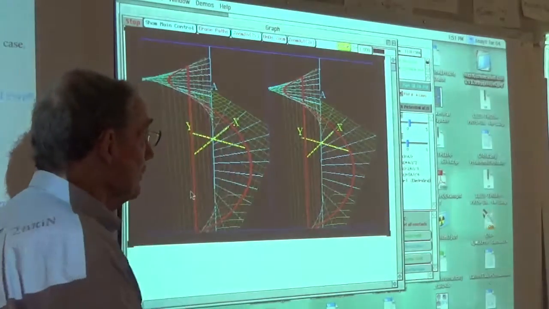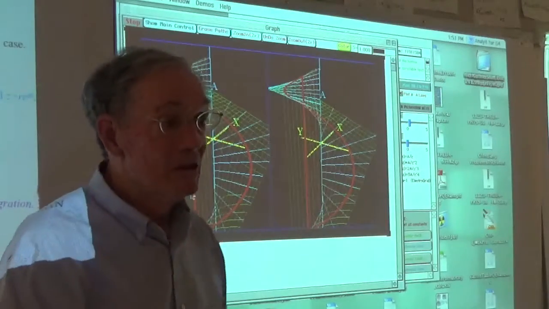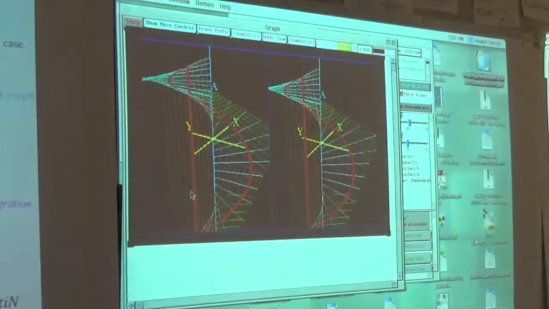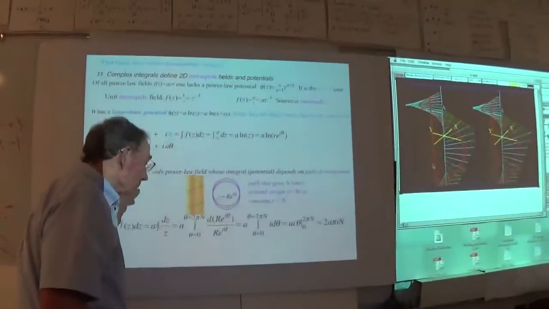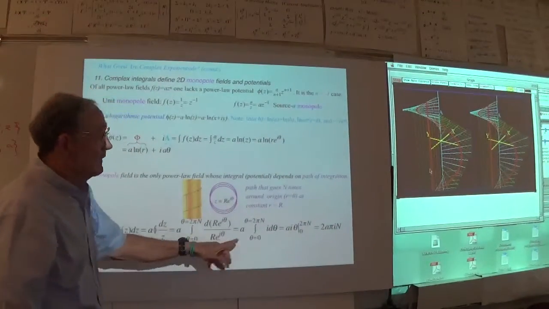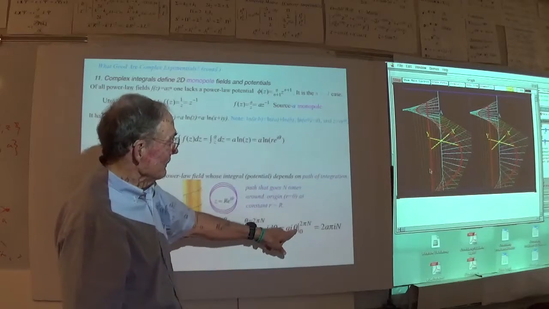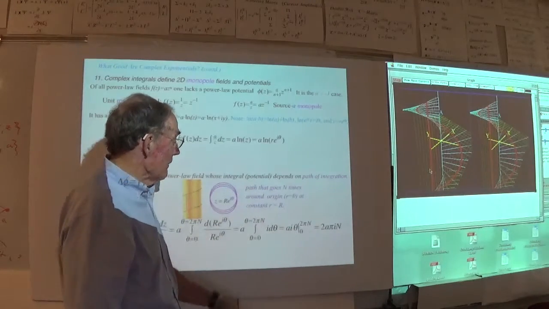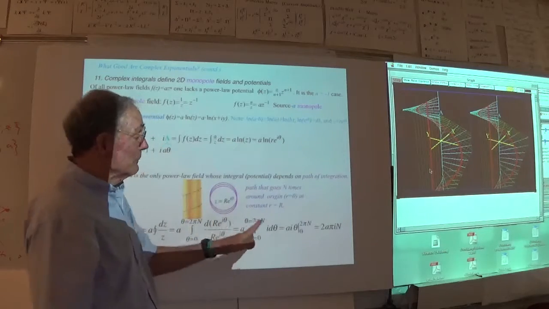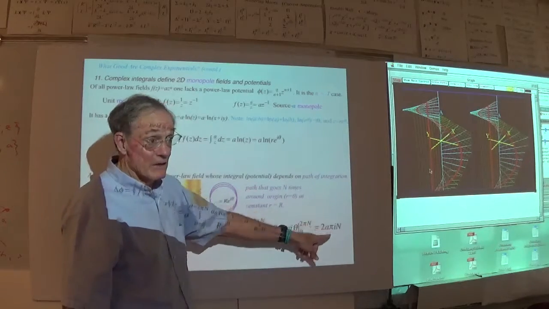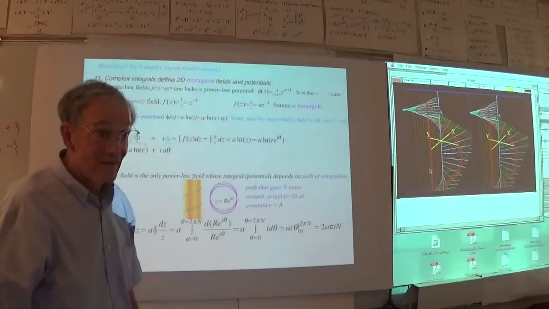Go back and start over. But this never starts over. You see, this just keeps going and comes from minus infinity down here. It's just proportional to that angle theta. So however many times you want to go, be my guest. And each time you're going to pick up another 2 pi around that.